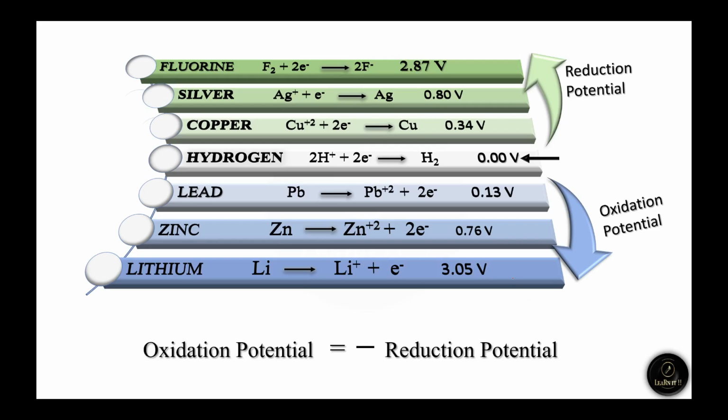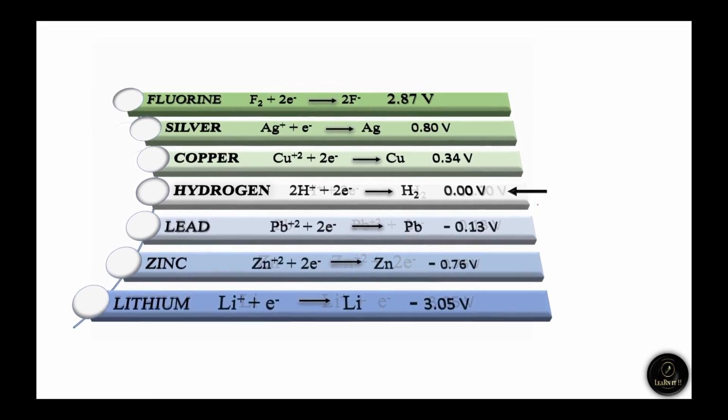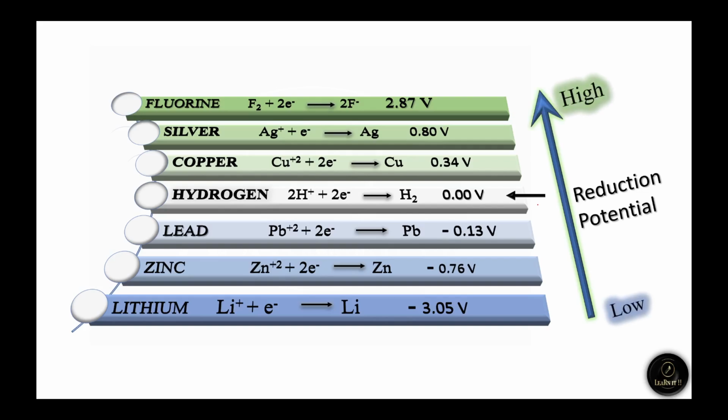It means that lead, which has the 0.13 oxidation potential value, is converted into negative 0.13 volt. It is understood that negative values indicate the standard oxidation potential. So we get a list.